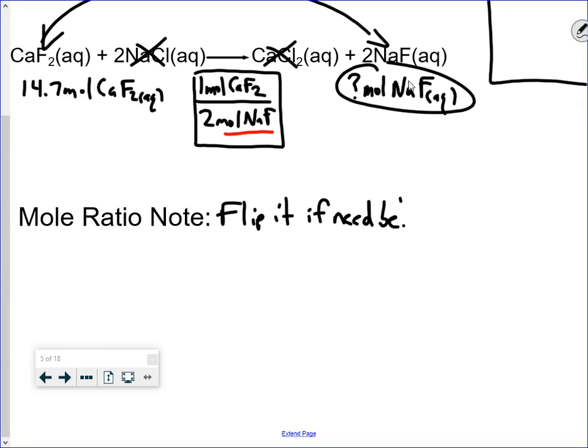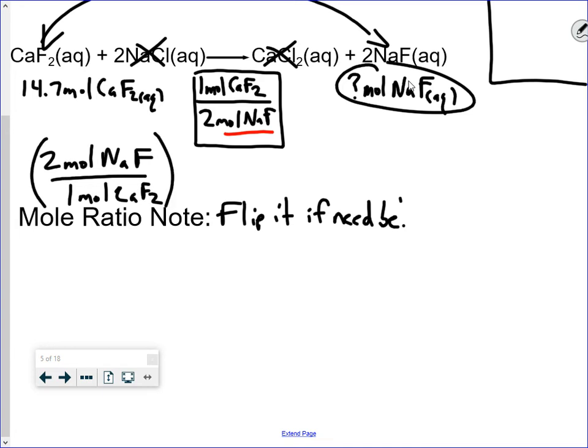I'm going to write 2 mole sodium fluoride, starting with the variable on top that I need to answer the question. Once you use a variable, it's gone. You can't use it again. Now I need to get rid of calcium fluoride.